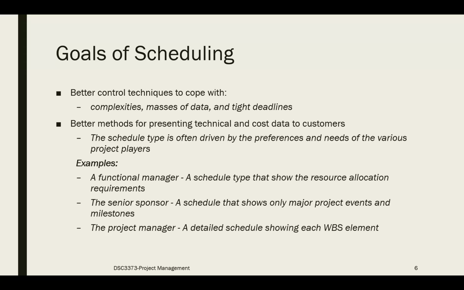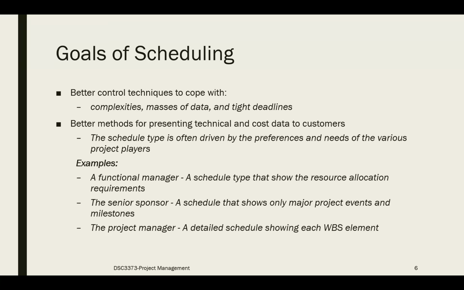A senior sponsor will want to know only the major project events and the milestones, right? So you have to prepare a different schedule which will give that information to the sponsor. Then the project manager, of course, will need the entire detailed schedule showing every work breakdown structure element, okay?